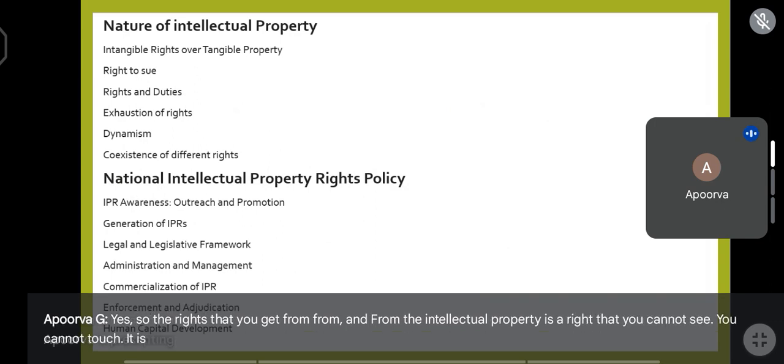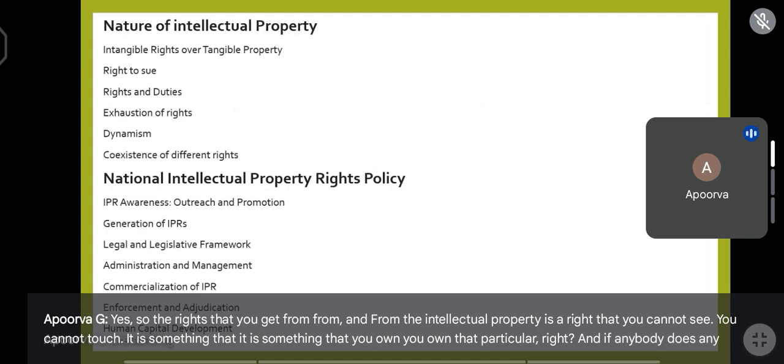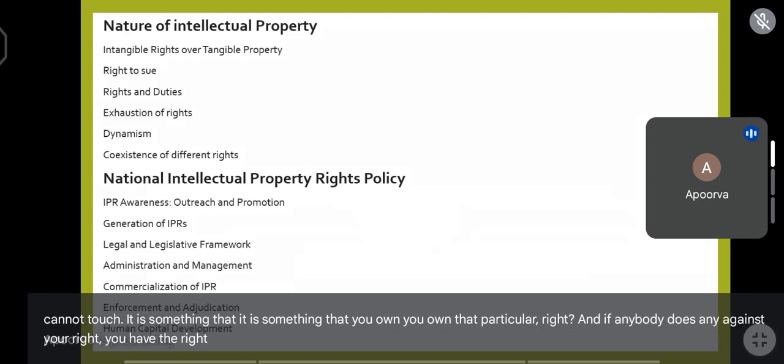It is something that you own. You own that particular right, and if anybody does anything against your right, you have the right to sue. So basically, the rights that you have are intangible.